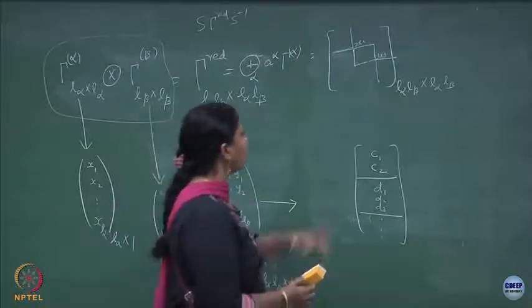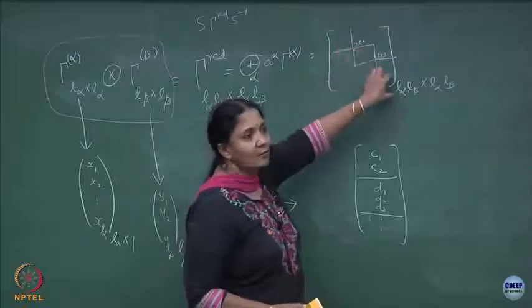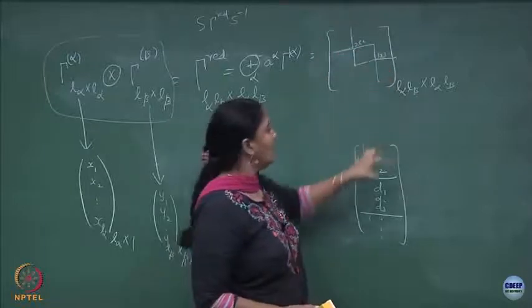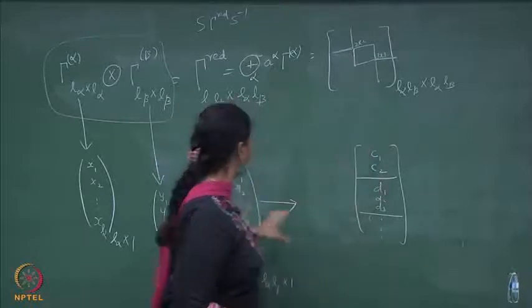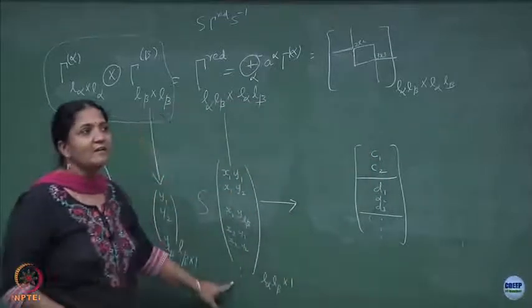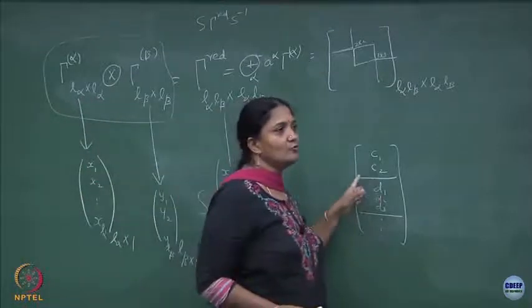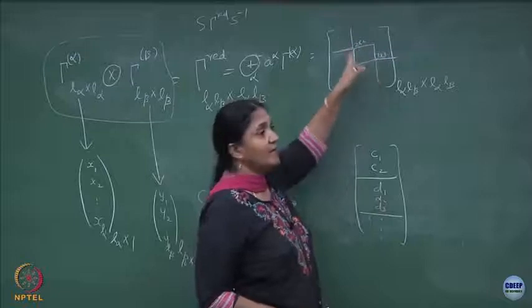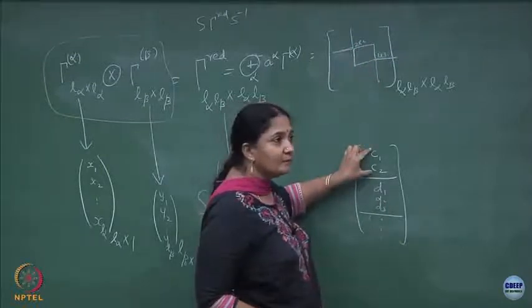By invariant subspaces I mean this subspace and so on, and determine these basis vectors. This basis vector is trivial, but I want to find out which linear combination belongs to which irrep. Each one is an irrep.